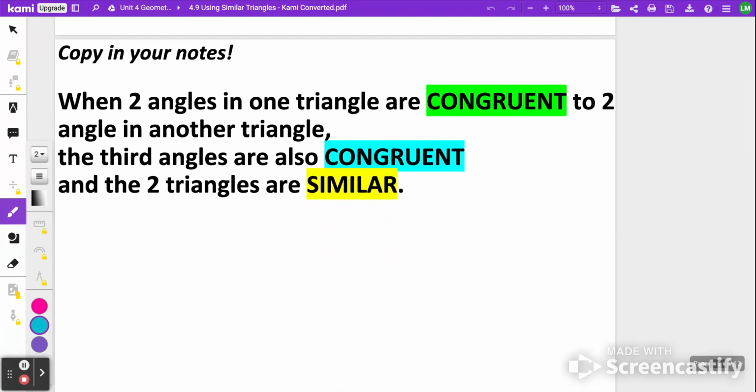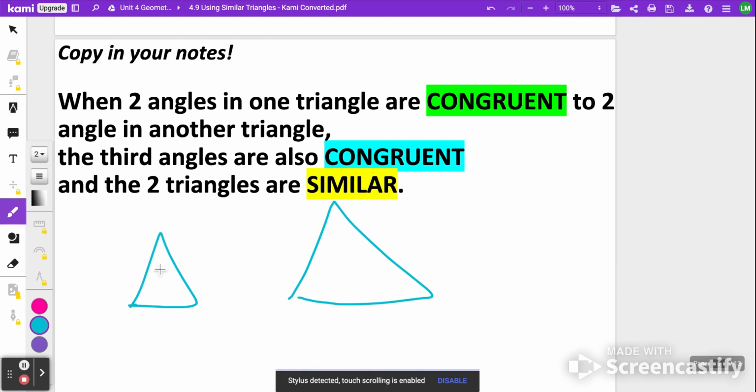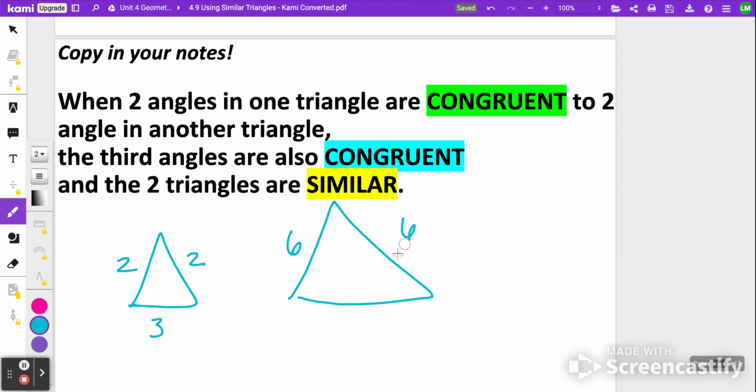When two angles in one triangle are congruent to two angles in another triangle, the third angles will also be congruent, and the two triangles are now considered similar. So let me print out a little visual for you. We'll just pretend that both of these are isosceles triangles, and let's say they are similar based on their side lengths, but we also want to make sure they're similar based on their angles.